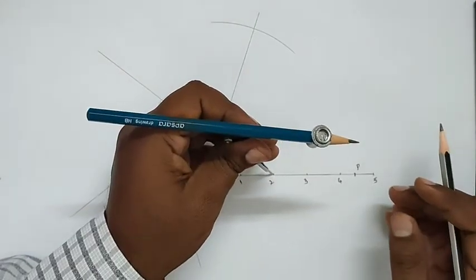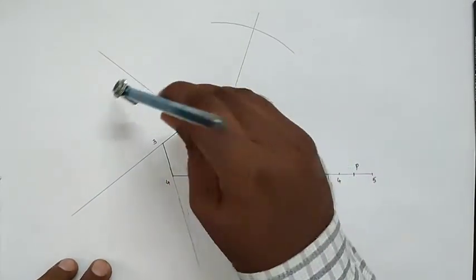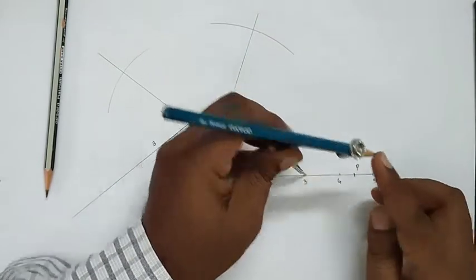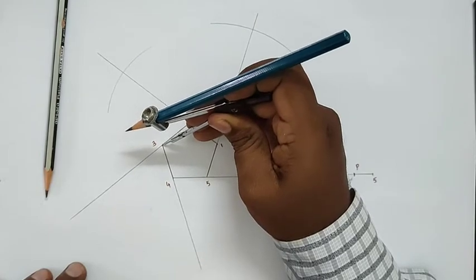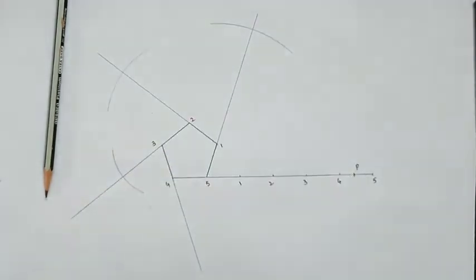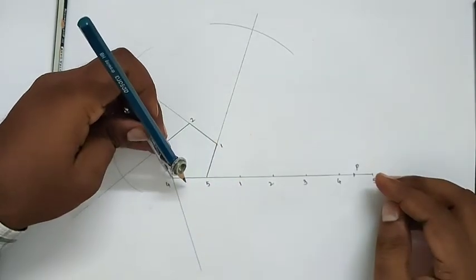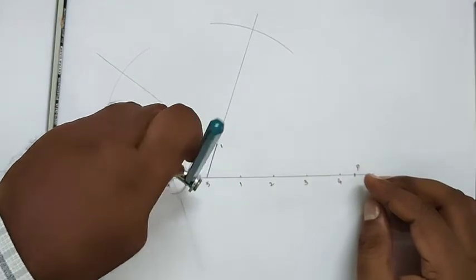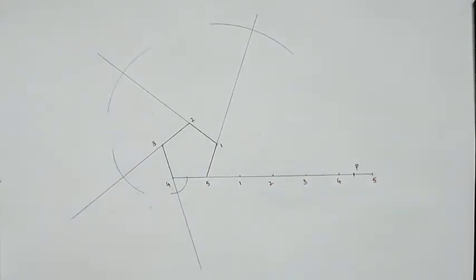Similarly, measure 2 to P. 2 as the center, draw the arc. Just draw the large arc. Measure the 3 to P line length, 3 as the center, draw the arc. Similarly, 4 to P as the radius, 4 as the center, draw the arc up to the polygon. So we'll get the point here.